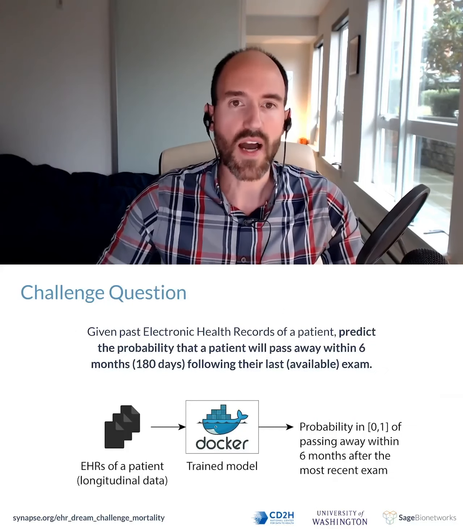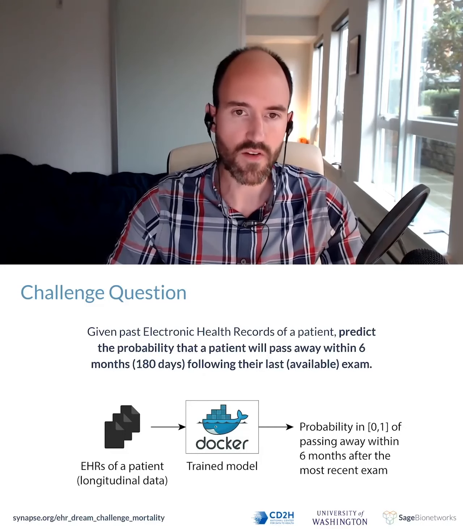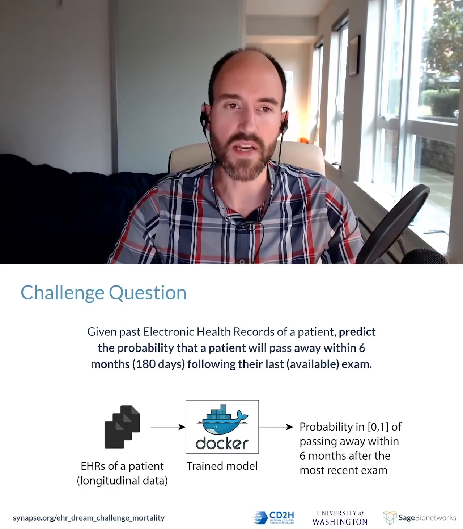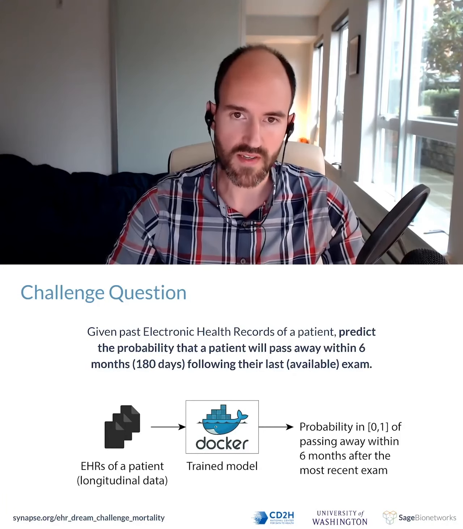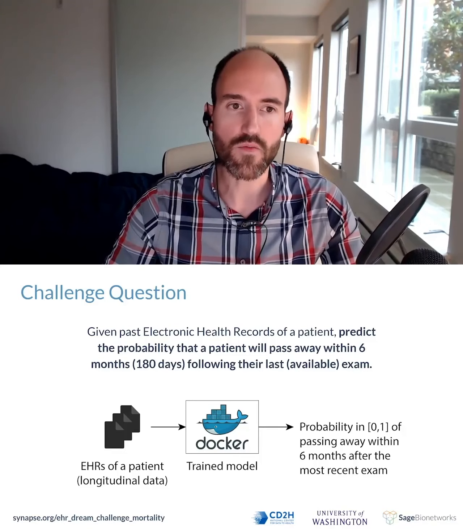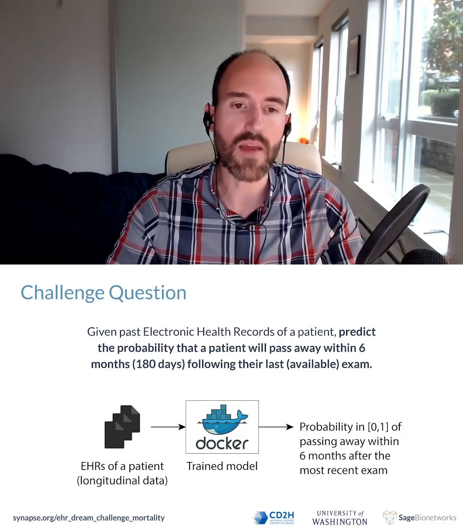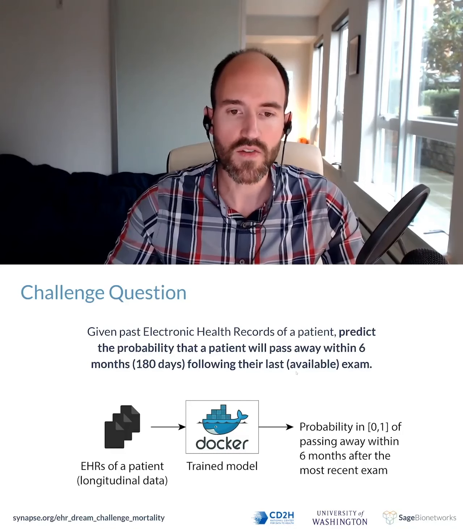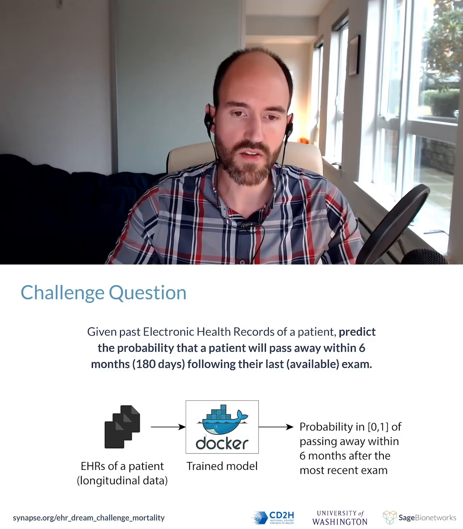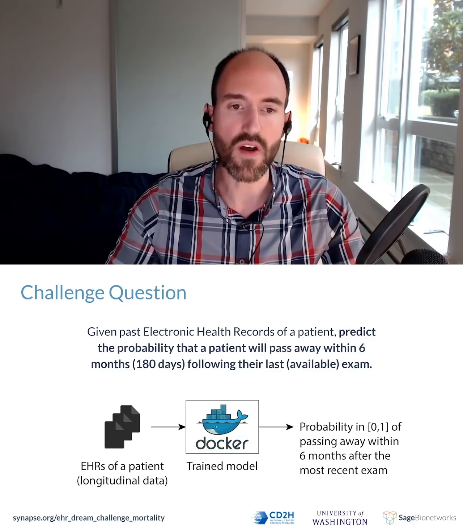So the question that we asked in this challenge was, given all the electronic health record of a patient, try to predict whether this patient is going to pass away within 6 months after the last available exam. So here you have a representation of the model submitted for evaluation.